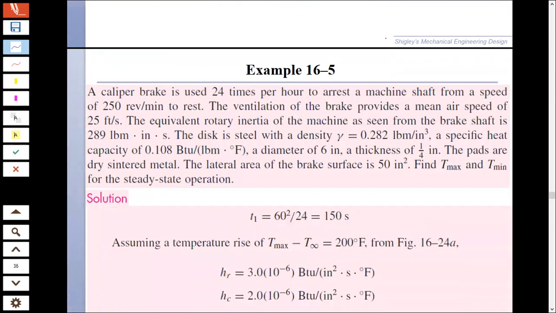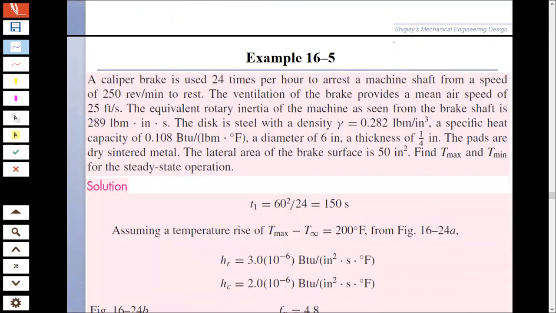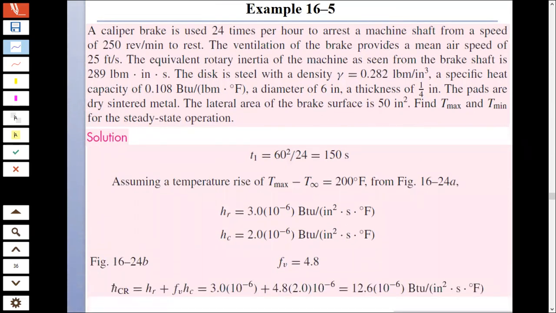Now, looking at this problem, it says that a caliper brake is used 24 times per hour to arrest a machine shaft from a speed of 250 revolutions per minute to rest.